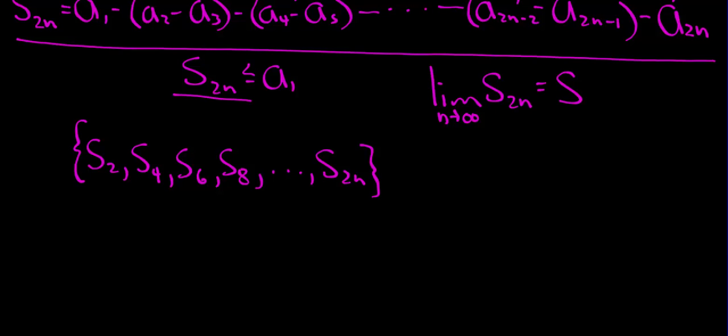In particular, instead of the 2nth partial sum, we want to look at the 2n plus 1 partial sum. Well, that's going to be the 2nth partial sum plus the next term in the series, and that would be A2n plus 1. Okay? So we just add the very next term in that sequence.